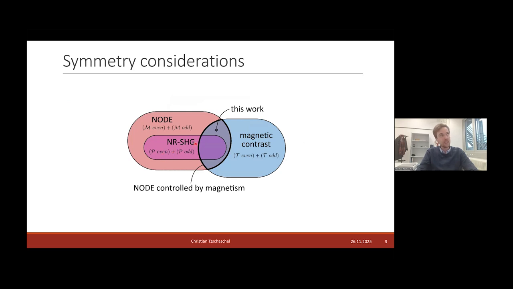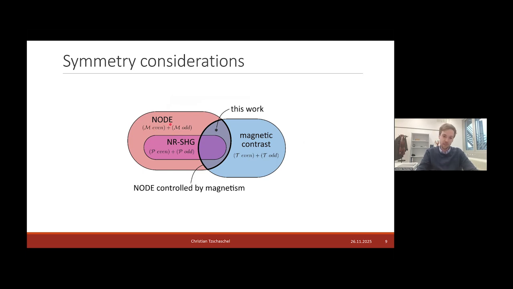And it's one possible mechanism to realize a nonlinear optical diode effect in some materials, but there are other mechanisms. So this pocket is fully contained in all the materials that may show a nonlinear optical diode effect, where we need interference with respect to the mirror operation between even and odd tensor components.